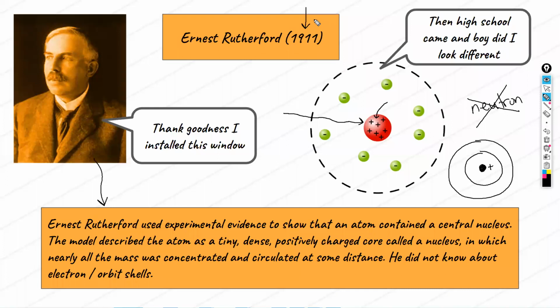I want you all to think about that. After you think about it, let me know how you might have gone about trying to figure out that the center of an atom, something so ridiculously small, is positive without actually being able to hold it or see it.